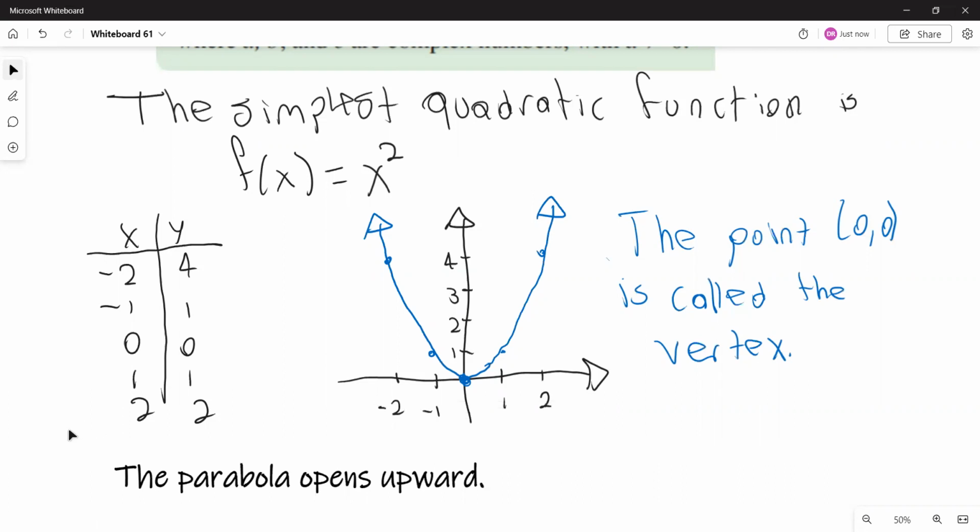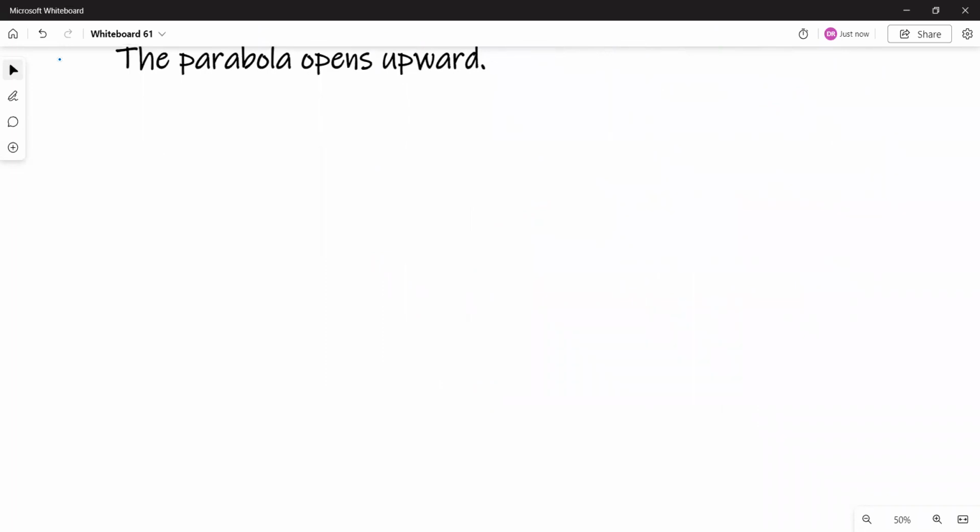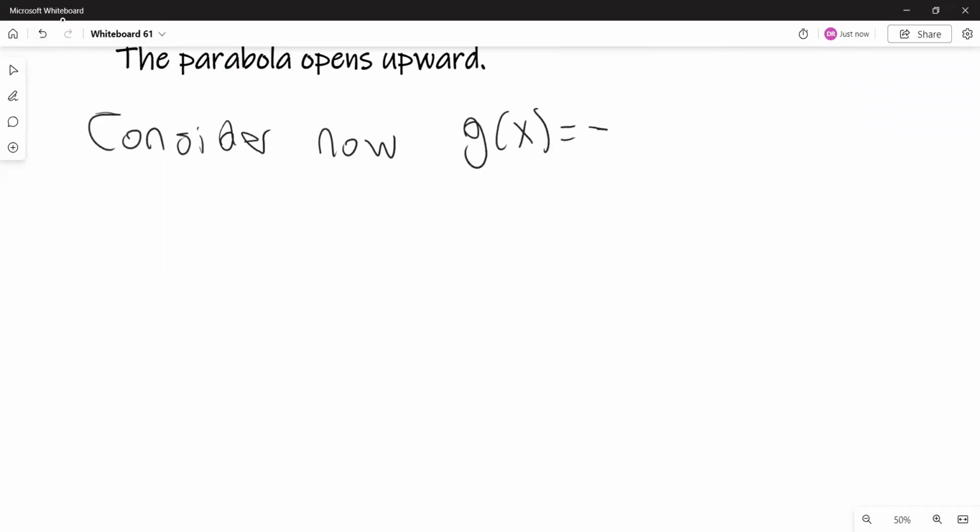Okay, so let's do a transformation. Let's reflect this graph across the x-axis. Consider now, let's call this g(x), the opposite of x squared. And you learned in section 2.6 that the graph of the opposite of x squared is going to be the graph of y = x^2 reflected across the x-axis.